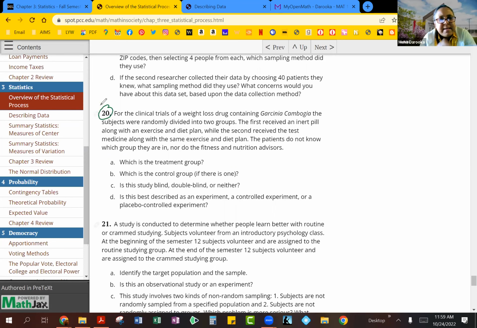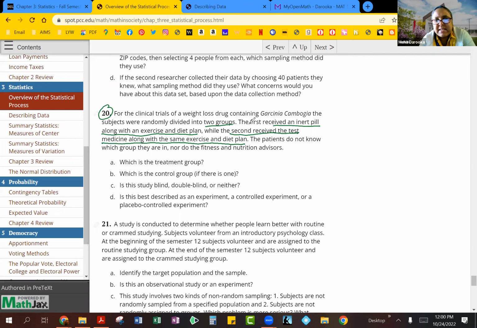Okay. So this is talking about clinical trials of a weight loss drug containing Garcinia cambogia. The subjects were randomly divided into two groups. The first received an inert pill along with an exercise and diet plan, while the second received the test medicine along with the same exercise and diet plan.